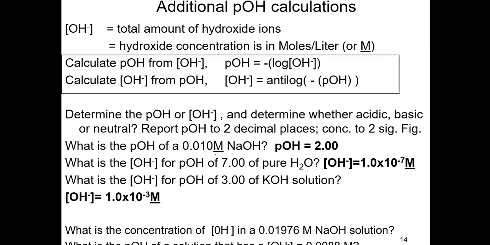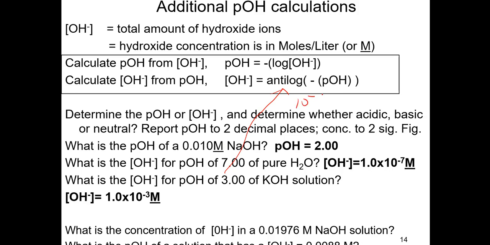So be sure you're comfortable with these calculations. So what is the hydroxide concentration for a pOH of 7.0? We then have to use the antilog. It's the same exact process.